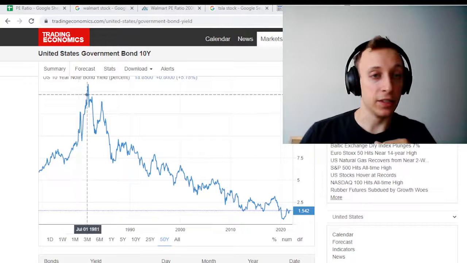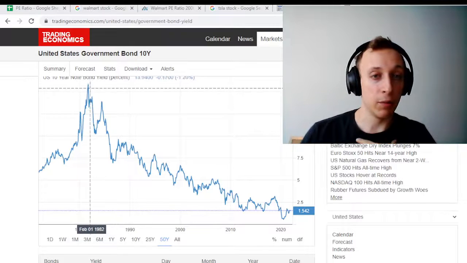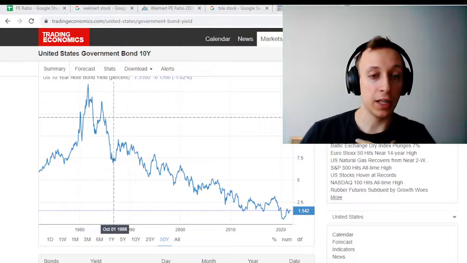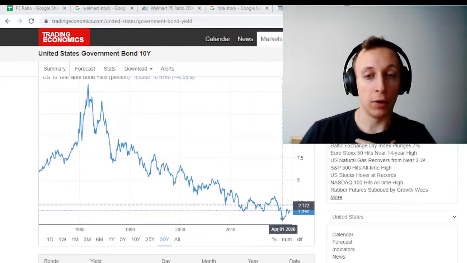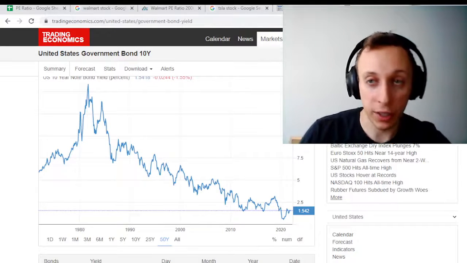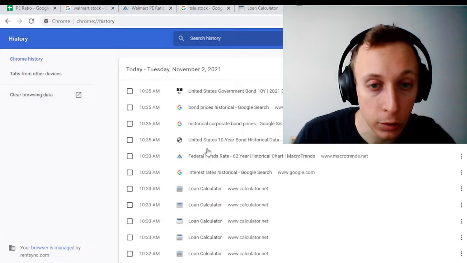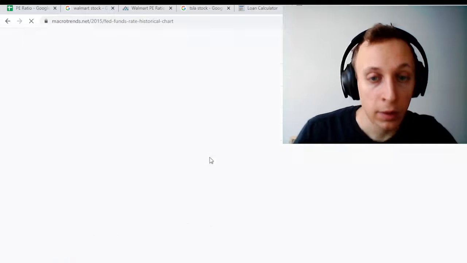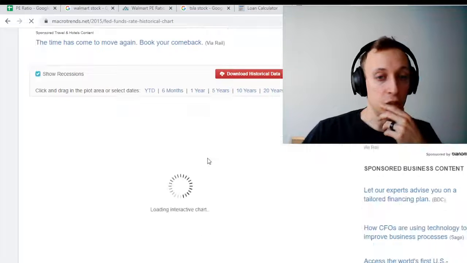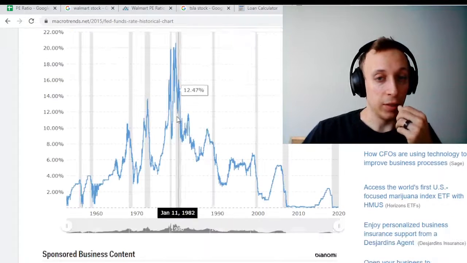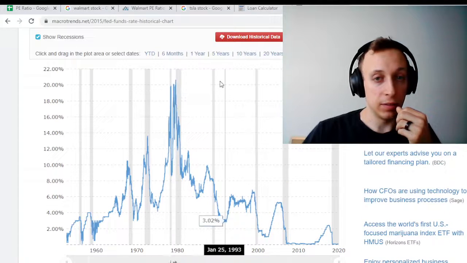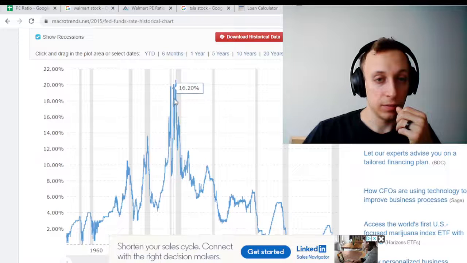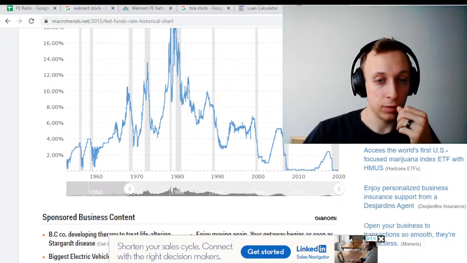As we can see here, this is the 10-year US government bond. You can see a pretty clear trend line of bond rates going down over time. And actually, if we compare that to interest rates, this is just general interest rates in the market. You can see, if you look since the 80s, actually, let's do this.